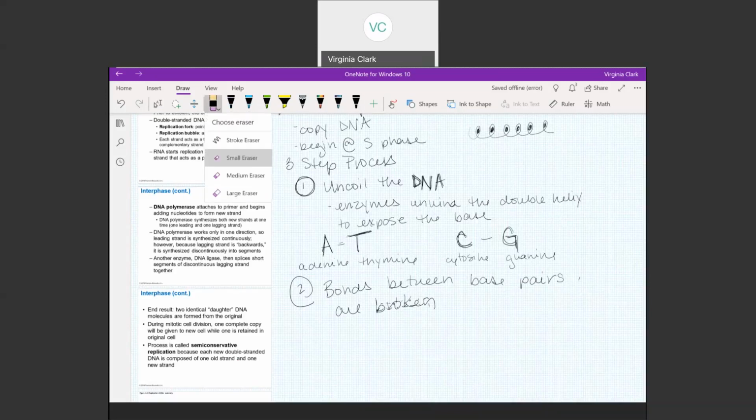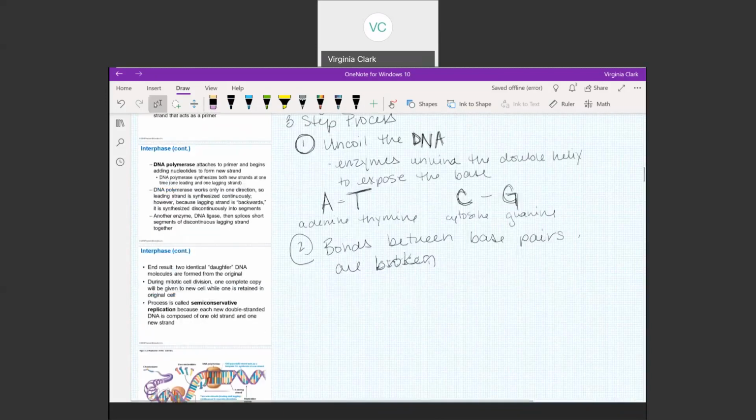Okay, so as we're doing this, breaking base pairs, how we're doing this is we have our coiled DNA. We have just made it straight, which is awesome. However, this is still going to be a double helix, so you are still going to have things connected to each other.